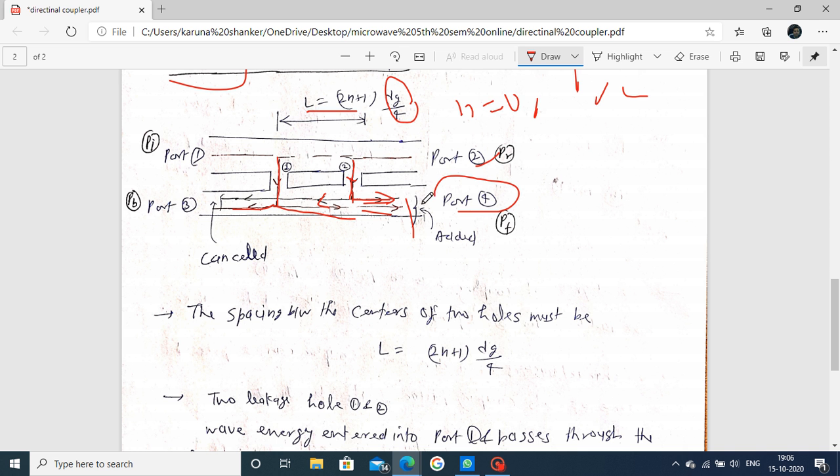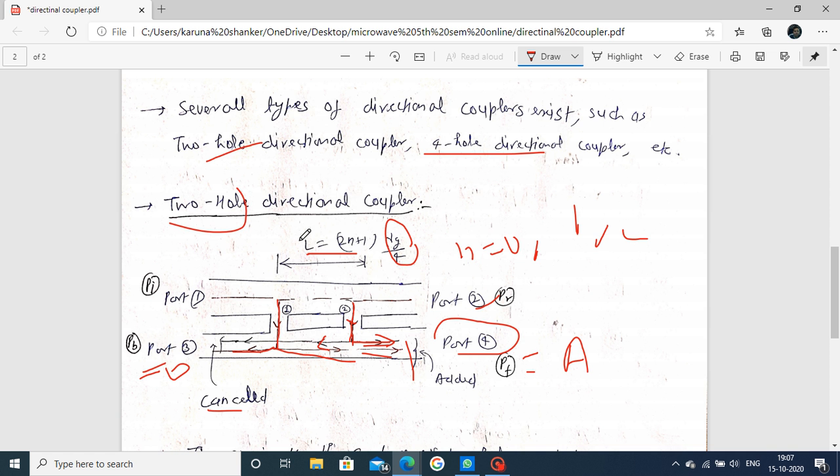At port number 4 it is the same phase, but here we get opposite phase. That's why they cancel out, so at port number 3 we do not get any value. In the ideal case we receive 0 power, but at port number 4 we receive the added form. This is the working of the two hole directional coupler.